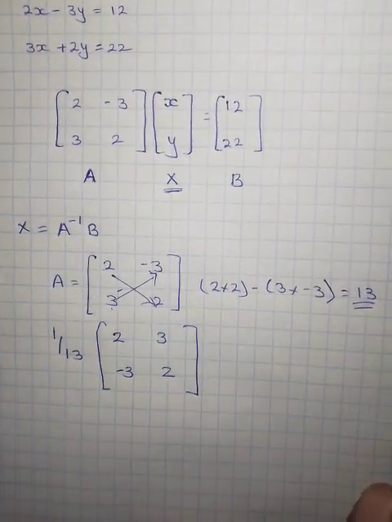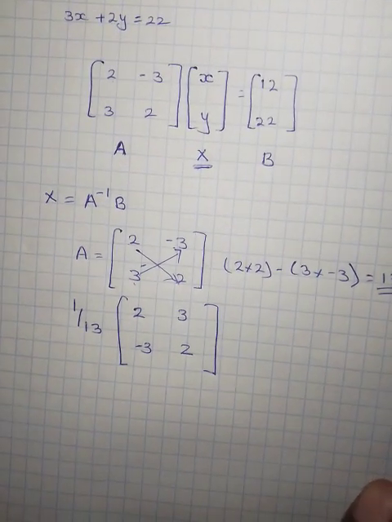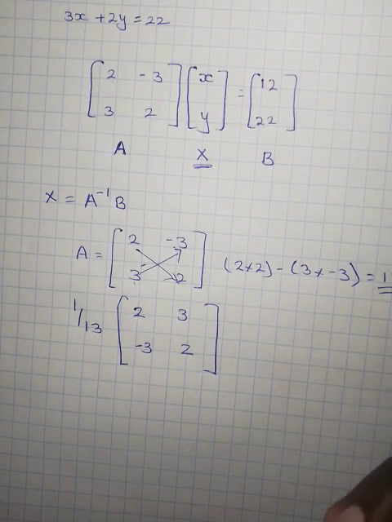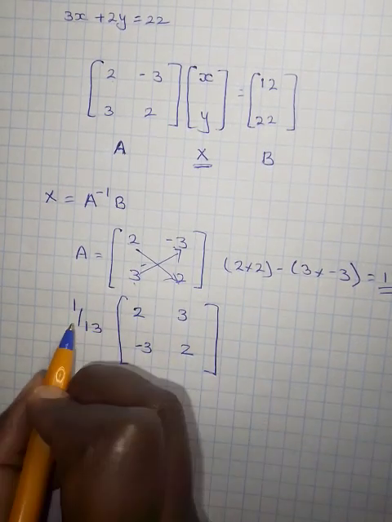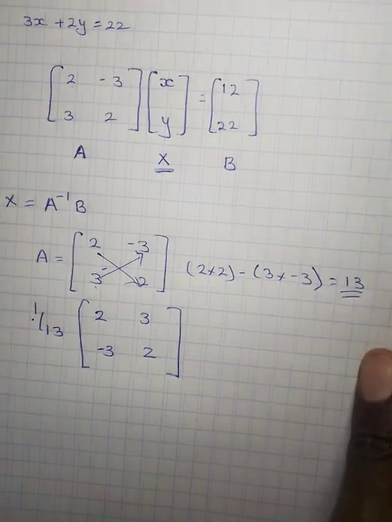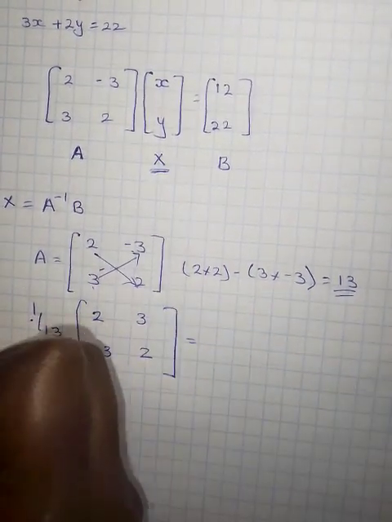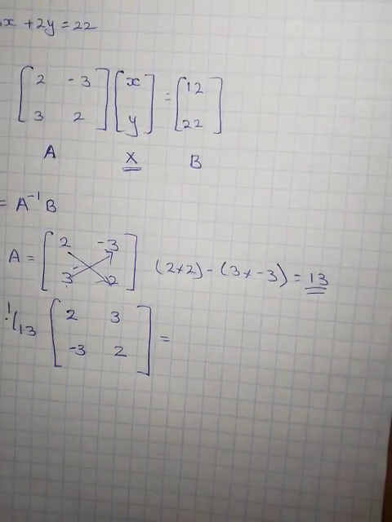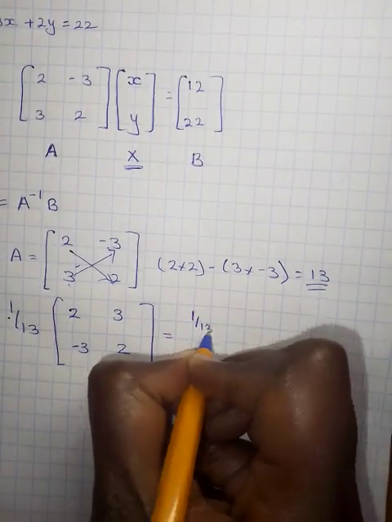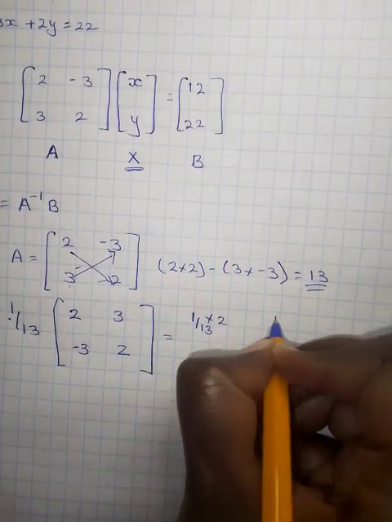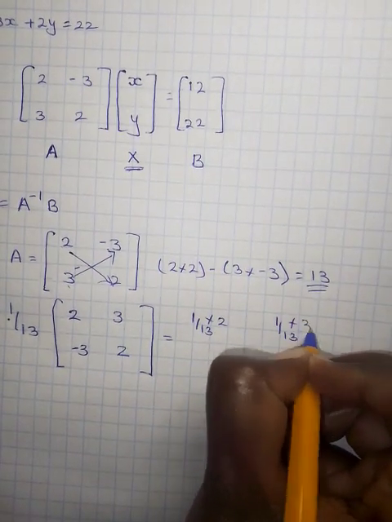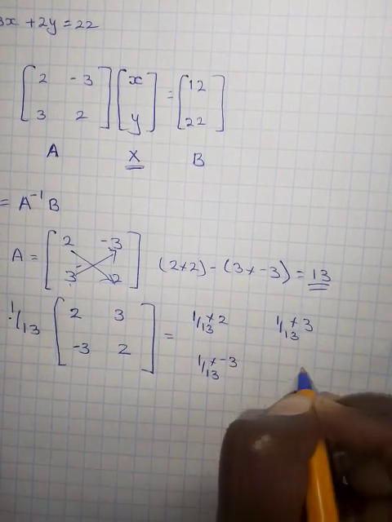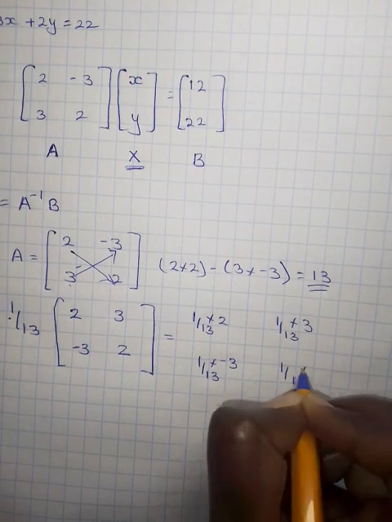We've looked at this in the earlier lesson. And then you multiply every element with 1 over 13. This is the A inverse: 1 over 13 times 2, 1 over 13 times 3, 1 over 13 times negative 3, 1 over 13 times 2.